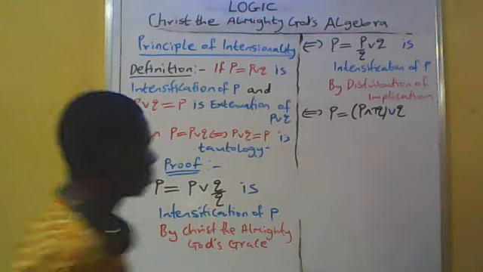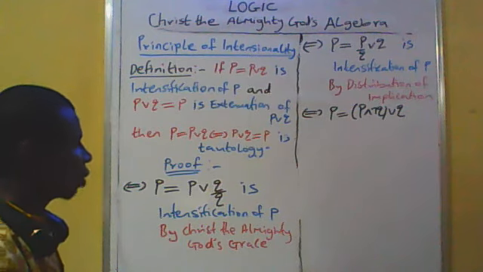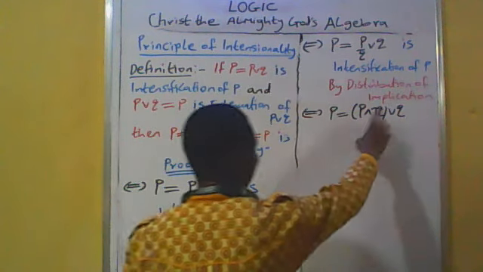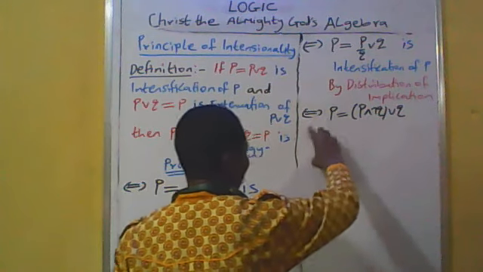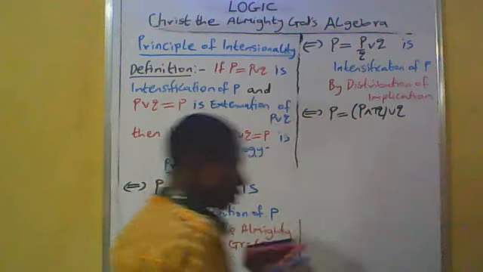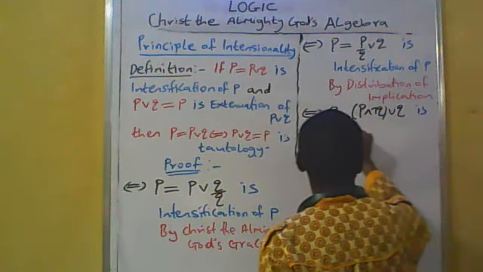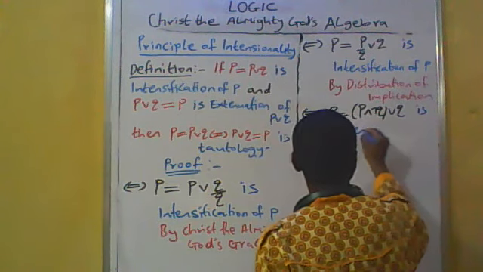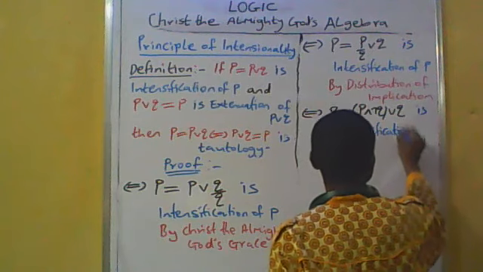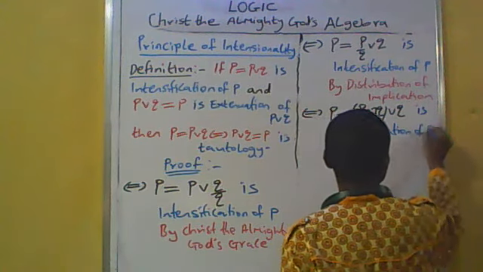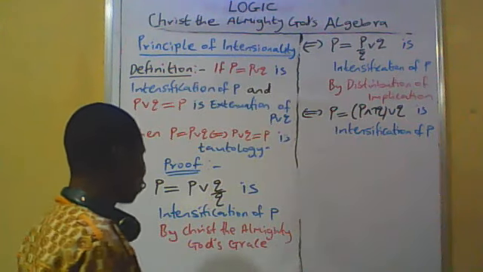Being justified and is still intensification, is still greater in value to P. I mean the last of equation. We say is intensification of P being justified by Christ Almighty God's grace.